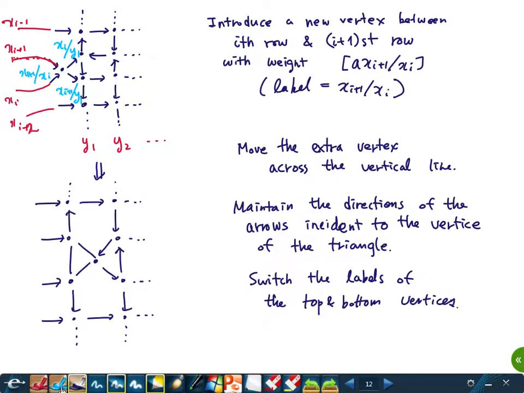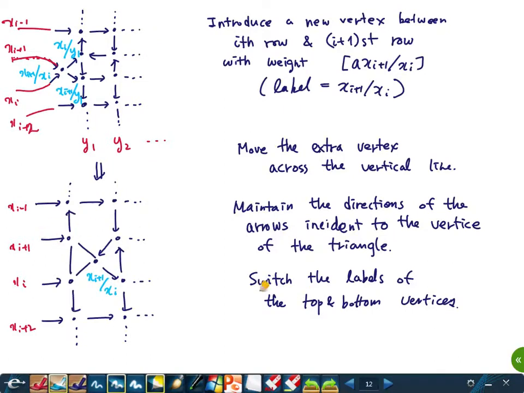So what is the label here? They are the same. This is xi minus 1, this is xi plus 1, xi plus 2. So the label of this is the same as before, xi plus 1 over xi. What about the label of this?